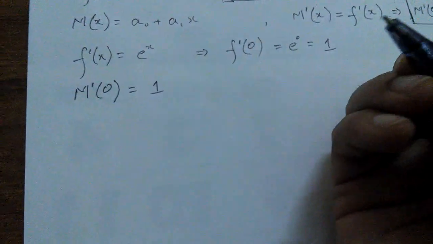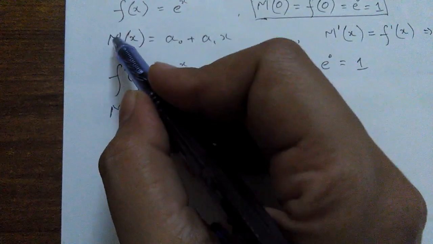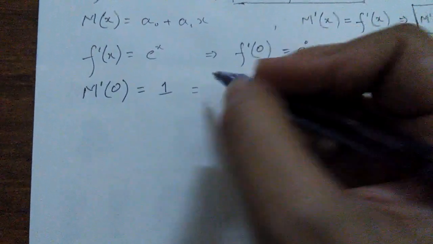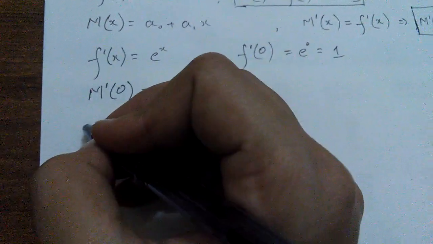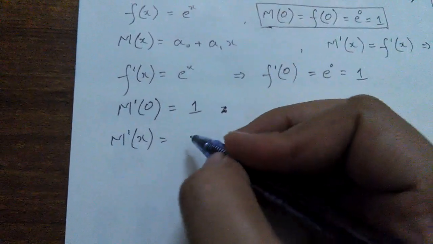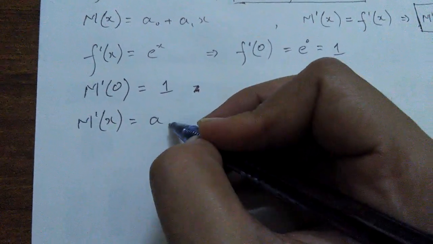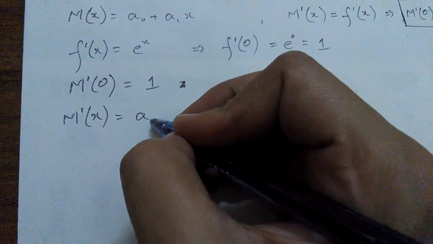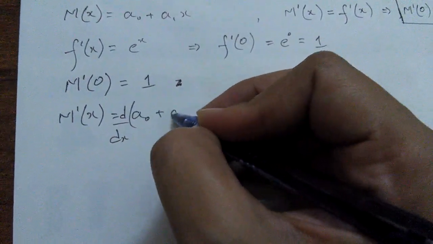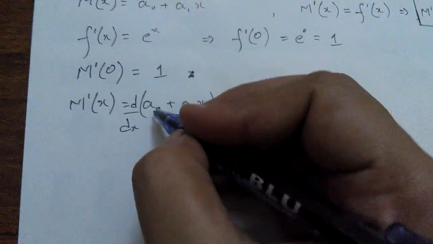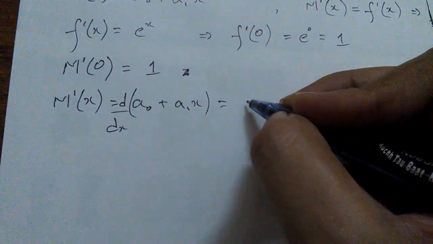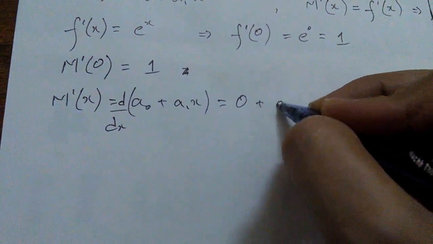So f dash 0 is 1, which means m dash 0 is also 1. If I differentiate this equation with respect to x, the derivative of a constant is 0, and the derivative of the other term gives a1.